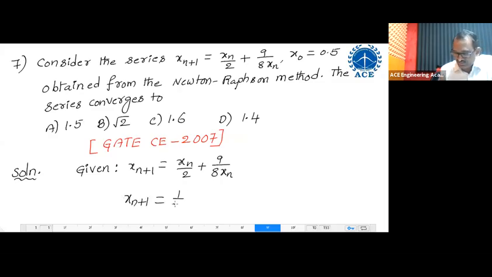If I take out 1 by 2, it becomes xn plus 9 by 4xn.